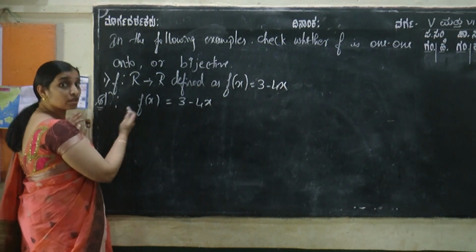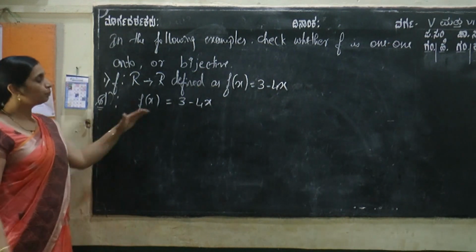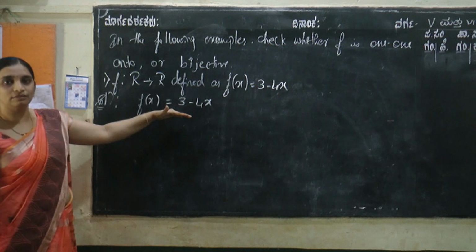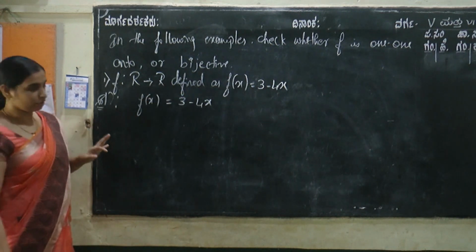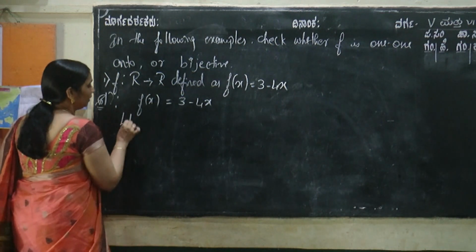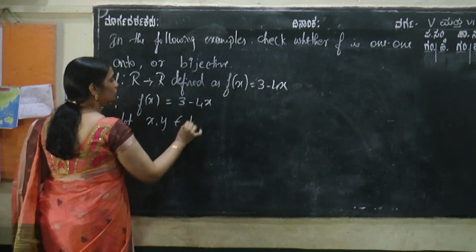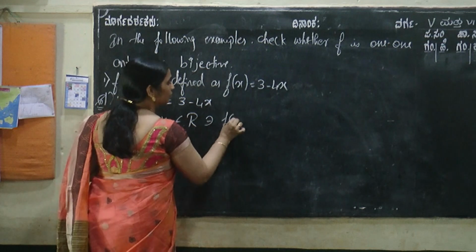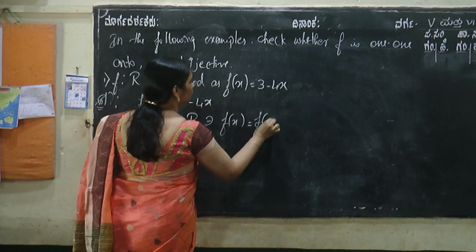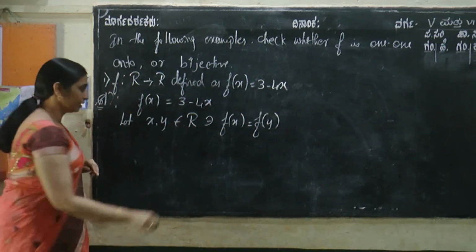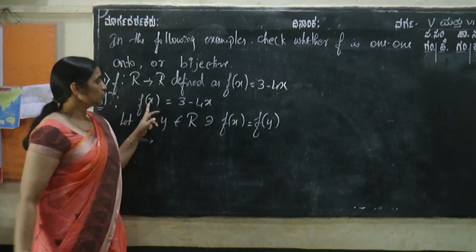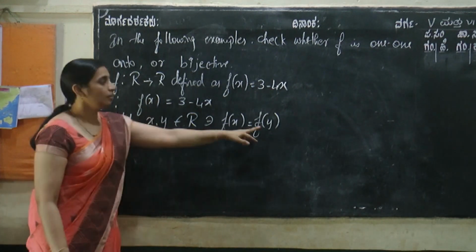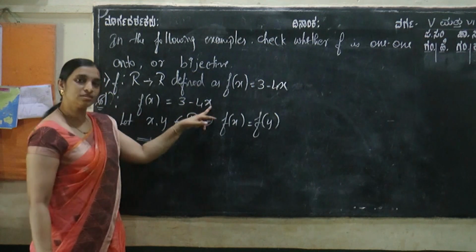So we are using the contrapositive method to check whether the given function is 1-1 or not. So what we do? Let x, y belong to the domain R such that f of x is equal to f of y. That means when you substitute y in place of x, we will be getting 3 minus 4y.